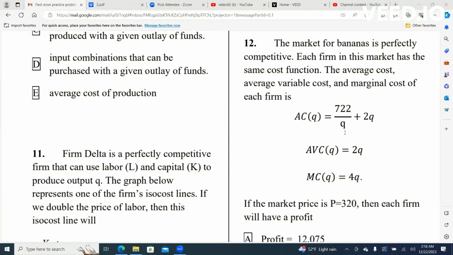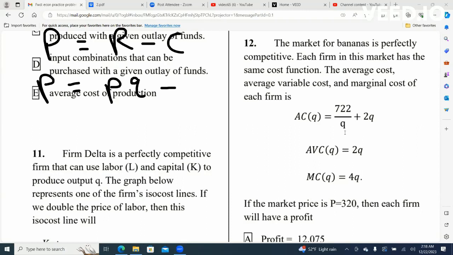Okay, now profit. Remember, profit is capital P, even though capital P and lowercase p look the same. Profit is different from price. Profit is total revenue minus total cost. This is something we should write out a million times along the way. Revenue is always price times quantity. Cost is a little bit harder because it comes in different forms.